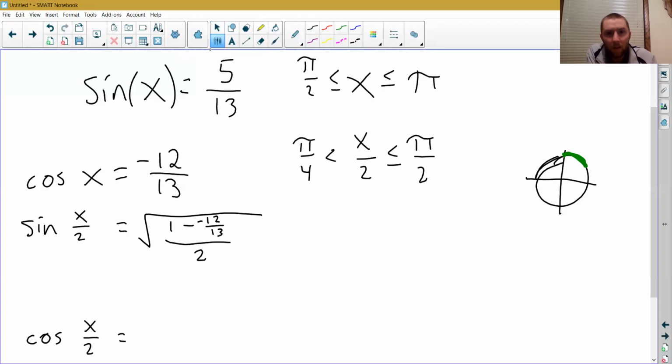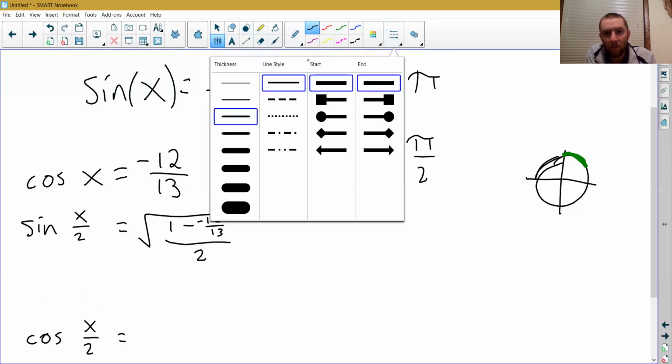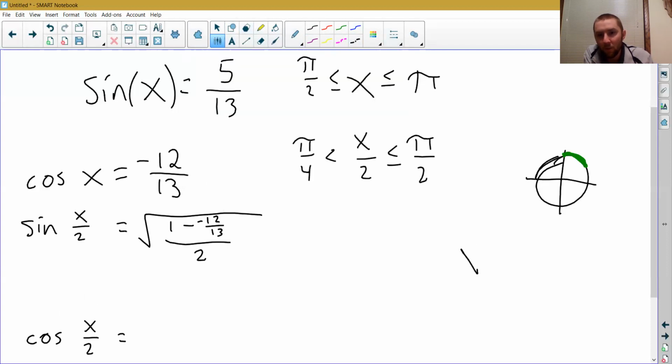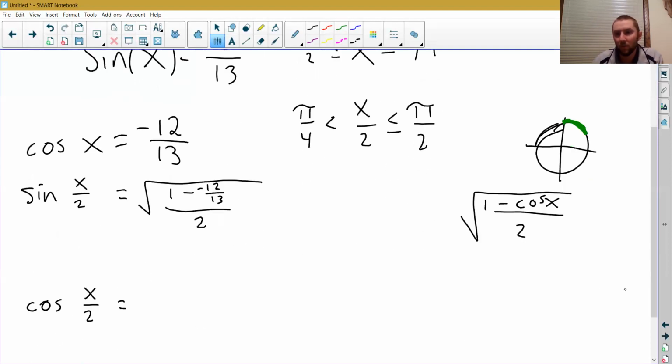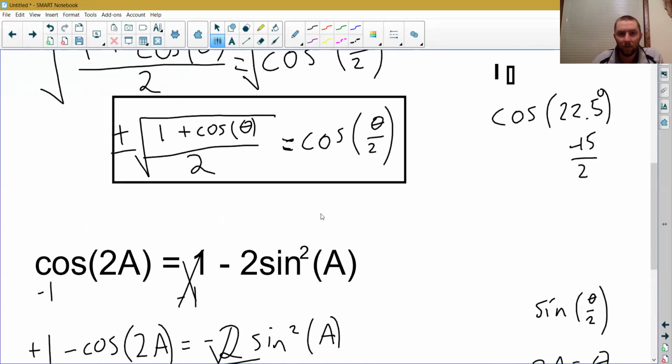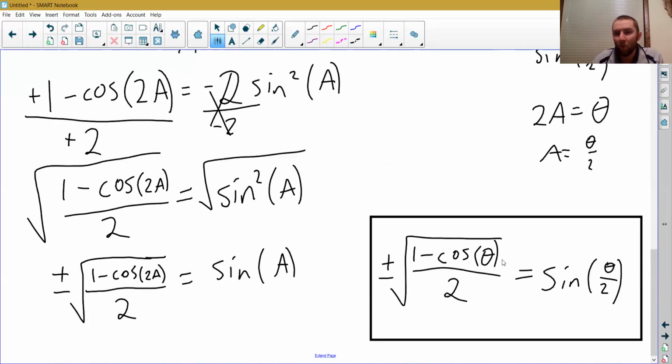I just plug the cosine of x into the formula that I already have for the sine of x over 2, because remember, the sine of x over 2 was equal to positive or negative the square root of 1 minus the cosine of x, over 2. We have that right over here somewhere. There it is: 1 minus cosine theta, which is x, totally fine, over 2.